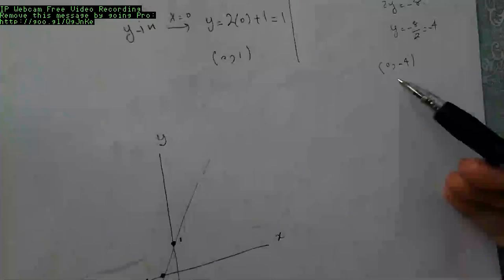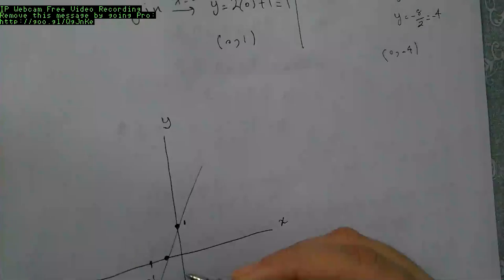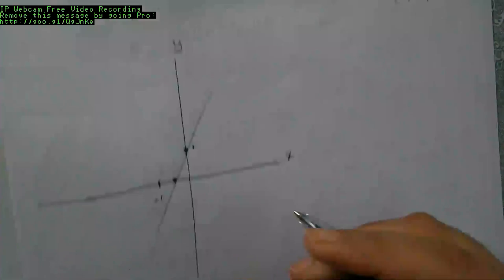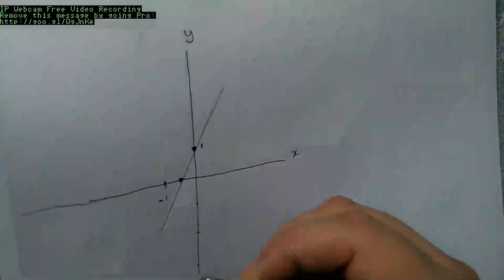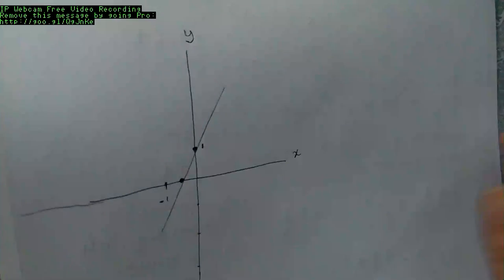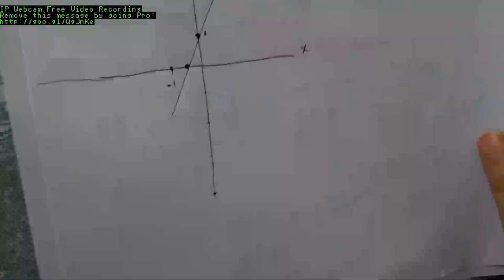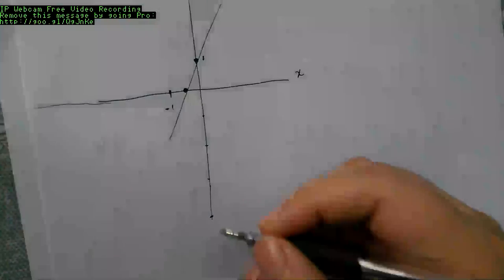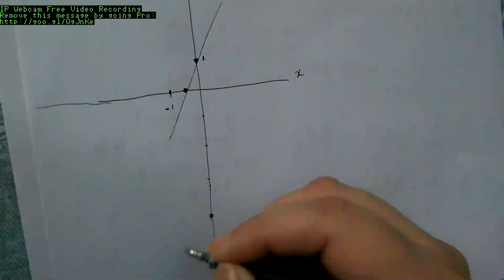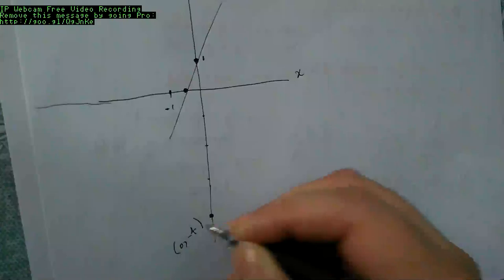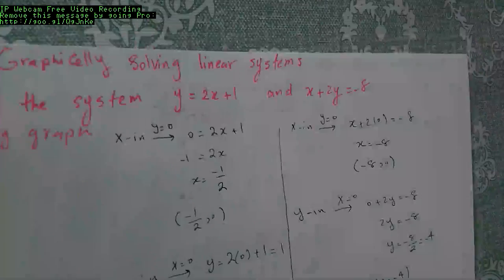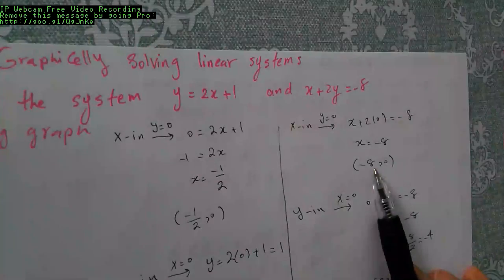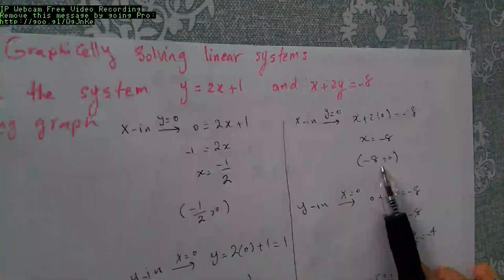And 1 and 0 and -4, 1, 2, 3, 4. This is my y-intercept. I should have taken my values to be maybe smaller. So this is the 0, -4 that I have for the other line. Since this point is very far to the left, I would like to find another point.